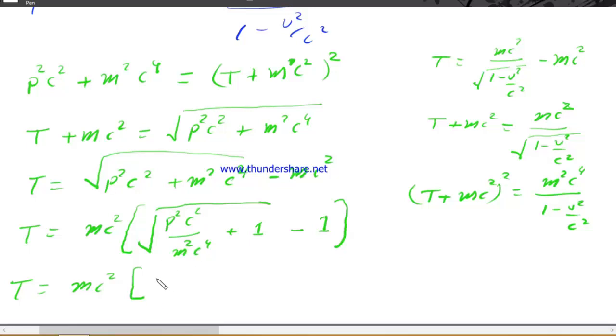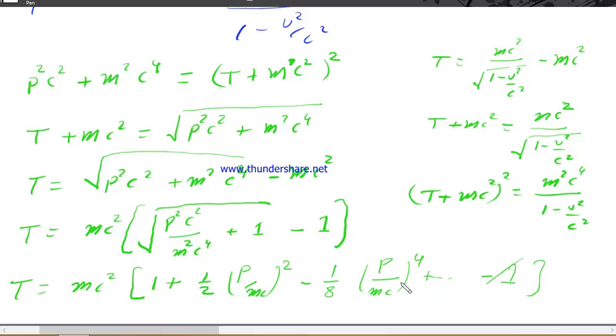Then first 1, and then 1 over 2 times p square divided by m square c square, minus 1 over 8 times p^4 divided by m^4 c^4, and so on, and then minus 1. The plus 1 and the minus 1 are cancelled.